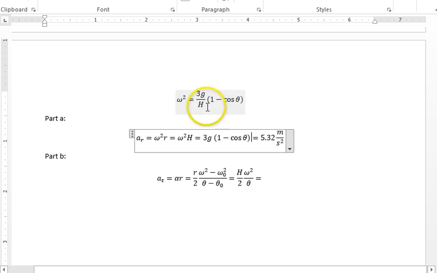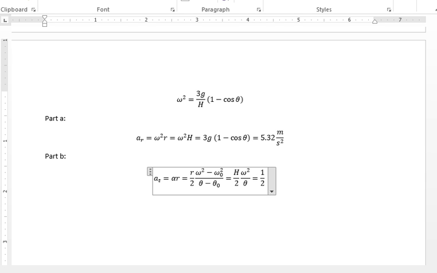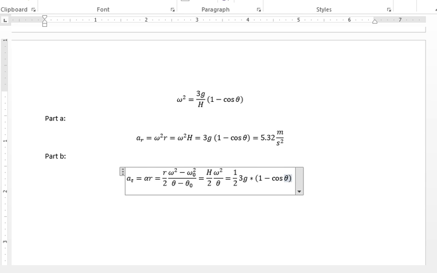Omega squared has the 1 over h in it, so when we stick in omega squared we get 1/2 times 3g times 1 minus the cosine theta, divided by theta.